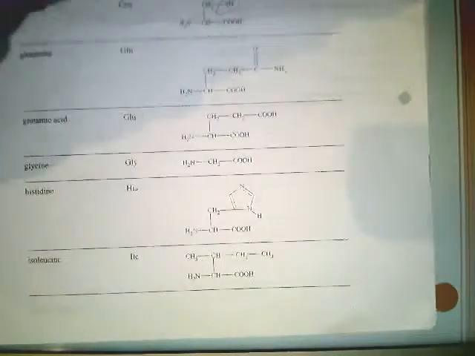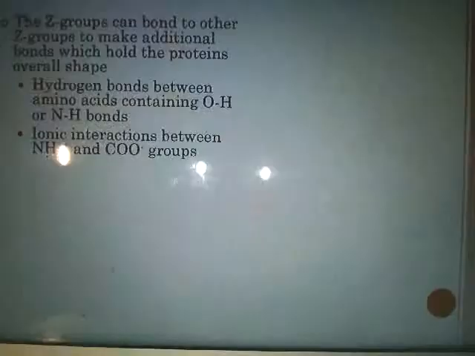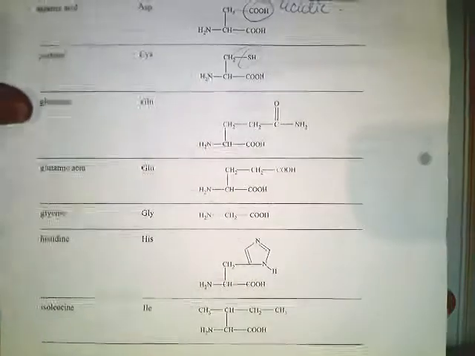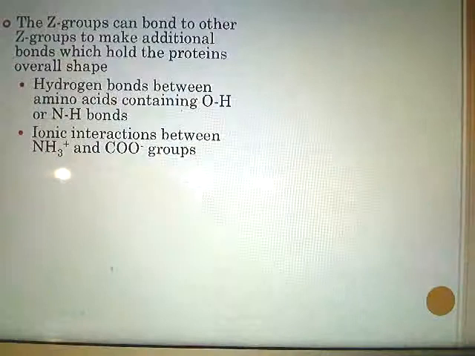So I'll show you an example of amino acids which can hydrogen bond. For example, serine can hydrogen bond to glutamine, okay? Ionic interactions.